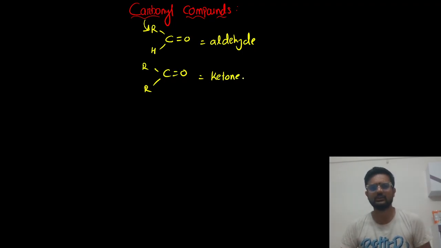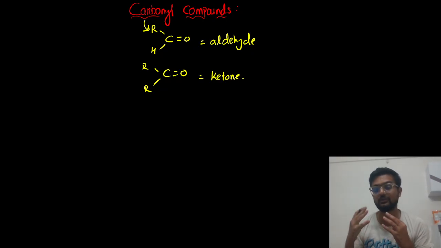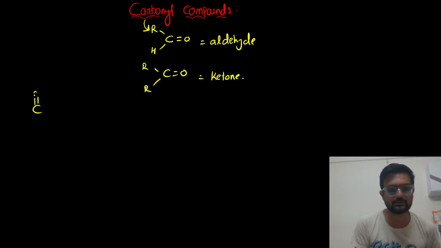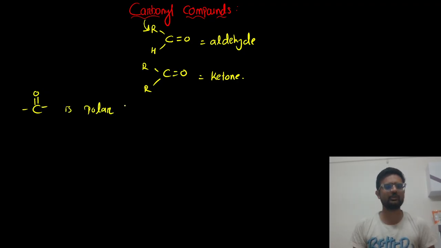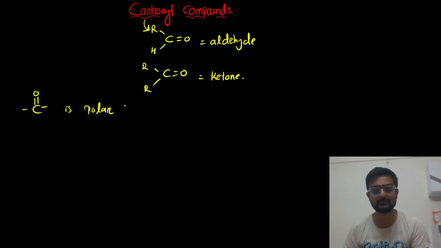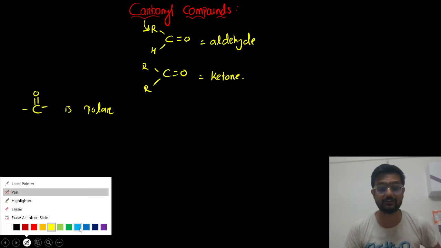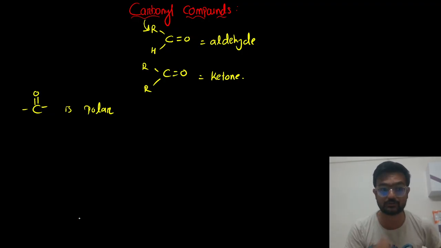Correct. Now, these carbonyl compounds are also reactive in nature. Why are they reactive? Because the carbonyl carbon is polar. The bond between them is polar. Why is the bond polar? Look, how do we define polarity? We define polarity based on the difference in electronegativity.